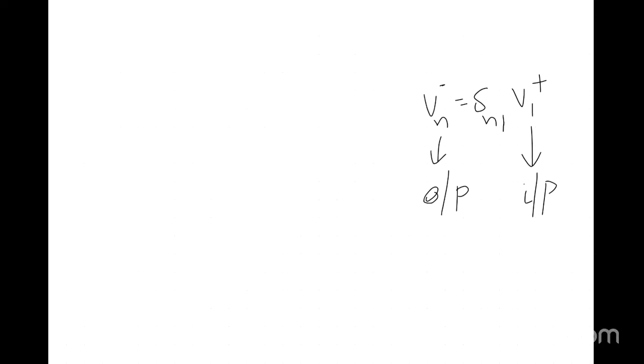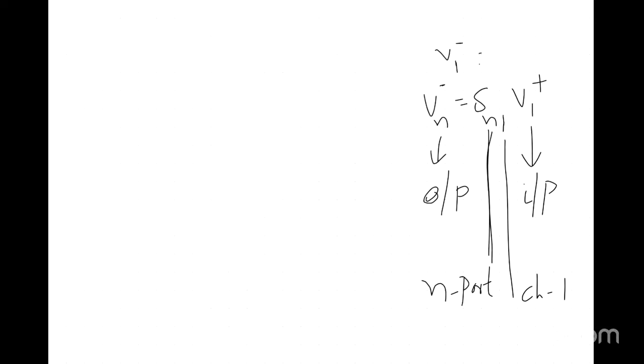This is the nth port, N represents the nth port, and this 1 represents channel 1. So for the first voltage, V1 minus equals S11 times V1 plus. Similarly, for the nth port, the output equals Sn1 times V1 plus.